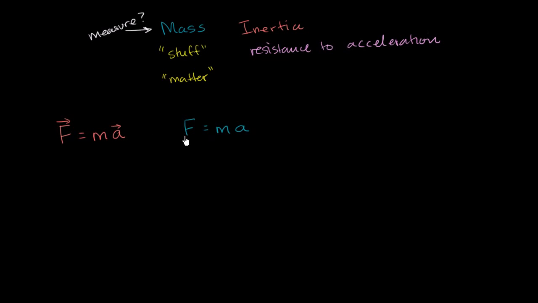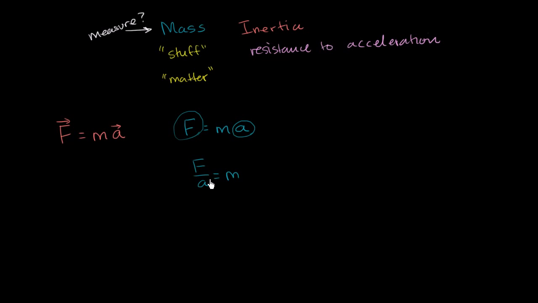How does this allow me to measure an object's mass? I can apply a force of a certain magnitude, measure how much the object accelerates, and then solve for m. Dividing both sides by a, F over a is equal to m.